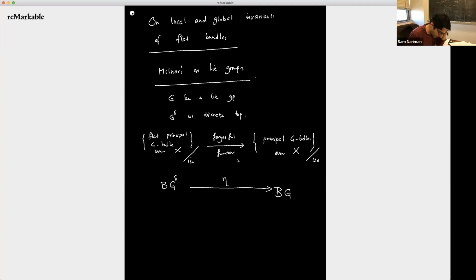This map has been studied extensively in the context of algebraic K-theory. So let me just say a few things about this map.